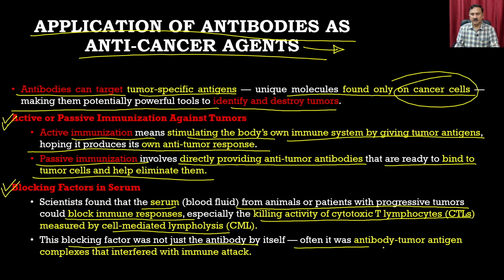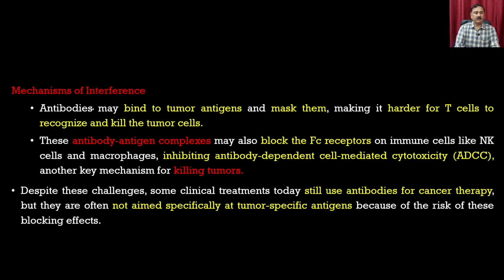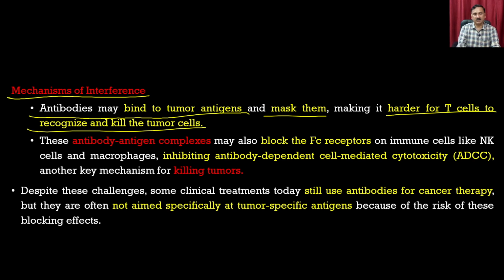Often it is also the antibody-tumor antigen complexes that interfere with the immune attack. So in these cases, you can use these kinds of blocking factors, which can block the interaction of the antibody with the antigen on the tumor cells. What happens is that the antibody may bind to the tumor antigen and mark it, making it harder for the T cells to recognize and kill the tumor cells.